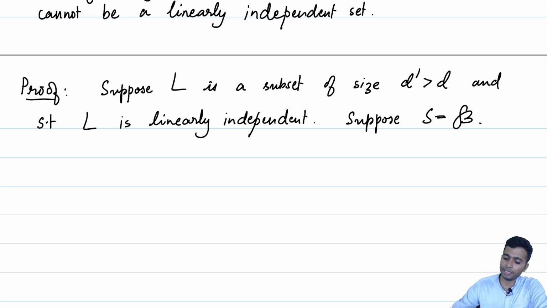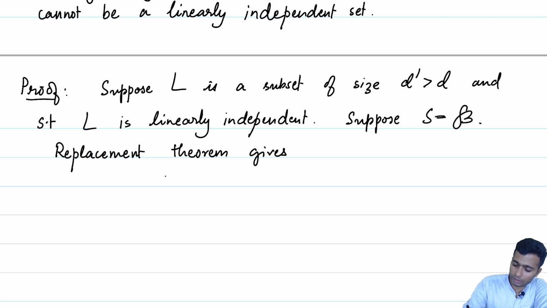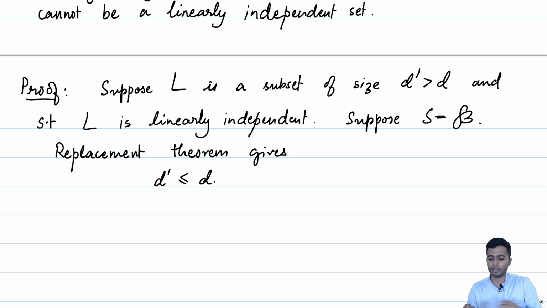Now when we apply replacement theorem to S and the L, L is just a linearly independent set, right? Replacement theorem tells us D prime is less than or equal to D. The size of a linearly independent set should be less than or equal to the size of a spanning set.